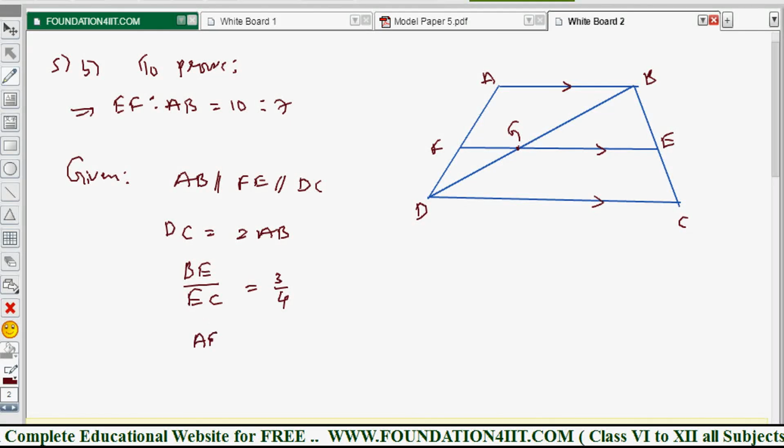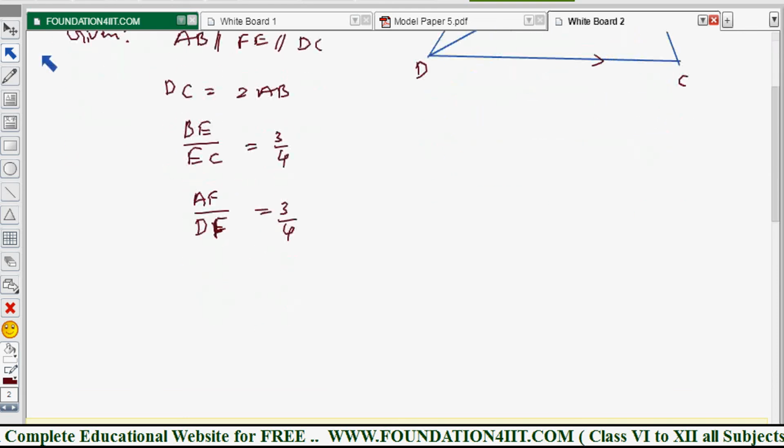Then AF by DF is also 3/4, because of the basic proportionality theorem, since the sides are parallel.